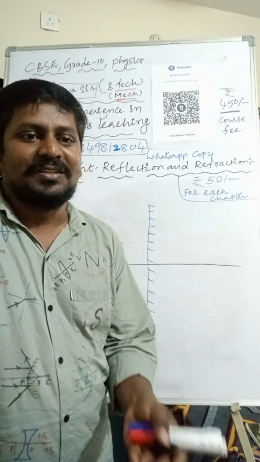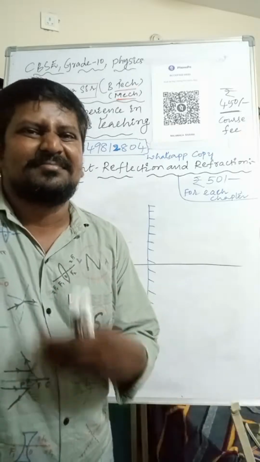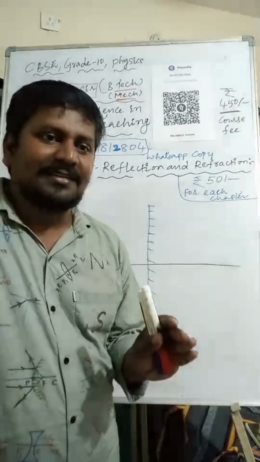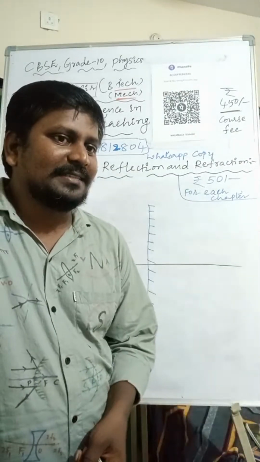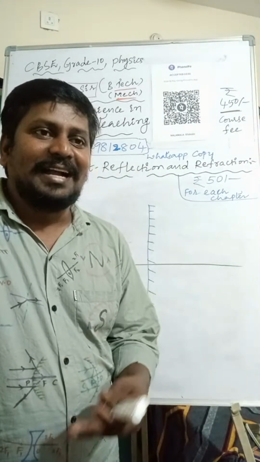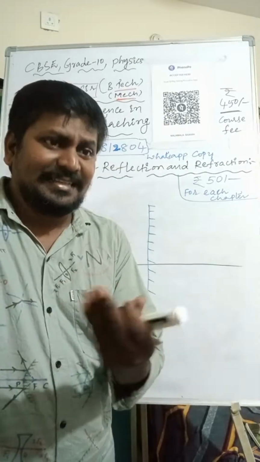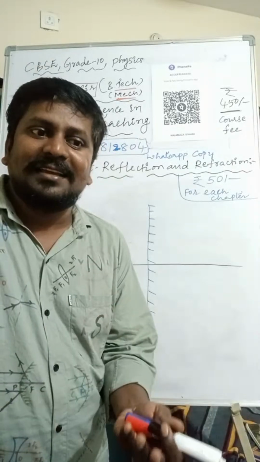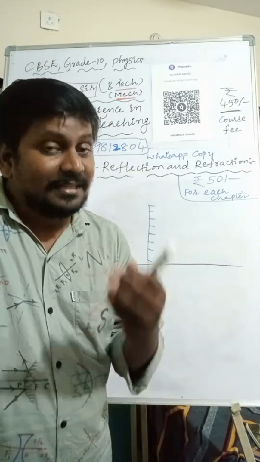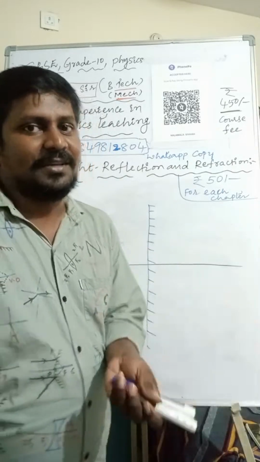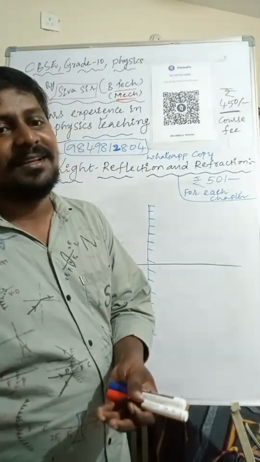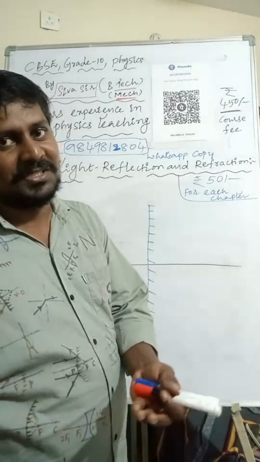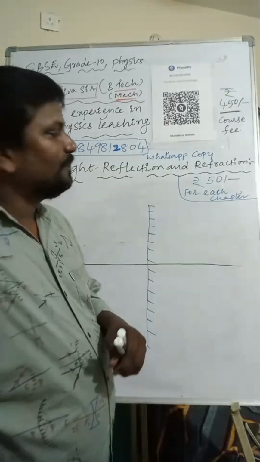I'm getting bored, so just say hi sir whenever you join the class. At least say hi and ask doubts on reflection and refraction. If the doubt is worthwhile, I'll definitely answer it; if not, I will address the question at the end.